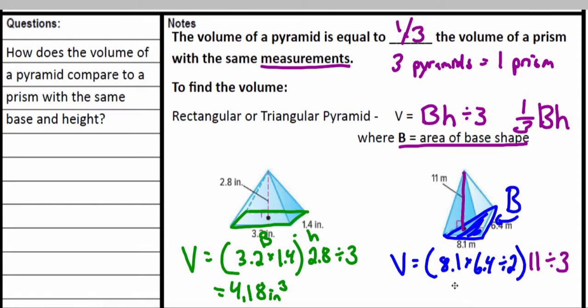So here I'm going to do 8.1 times 6.4 divided by 2. Then I'm going to multiply times 11 and divide by 3. So focus on pieces. Big B times the height divided by 3. In this case, my volume would be 95.04 meters cubed.